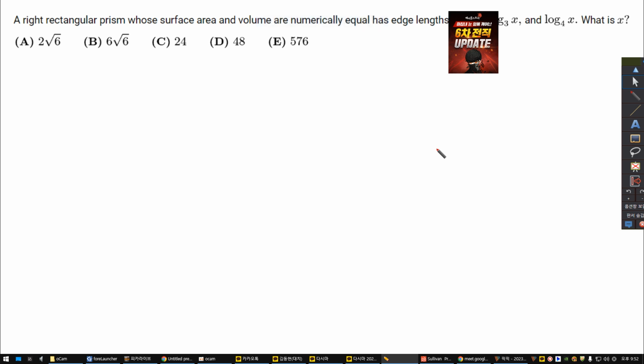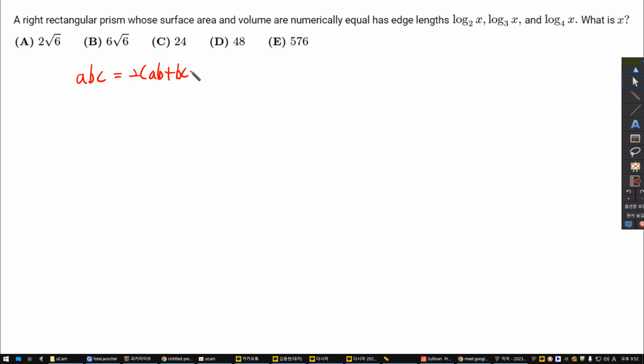So when the surface area and volume are numerically equal, so that means this. So when we divide both sides by 2abc, we have this equation. And let's say these are a, b, and c.